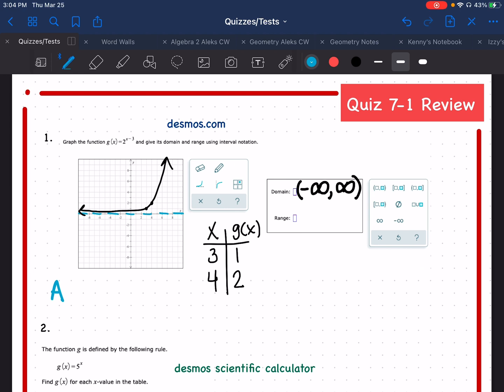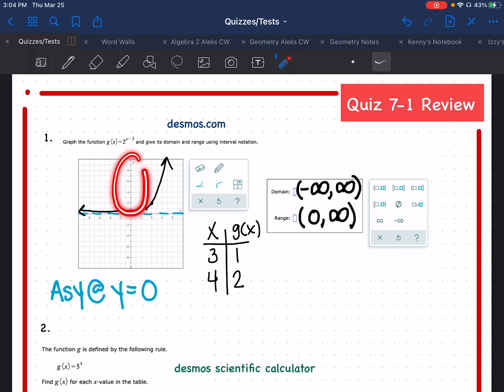So I'm going to go ahead and write that down here. Or sorry, at y equals 0. I don't know why I said 3. So my range is going to be from 0 to positive infinity because my graph is up in the positive y values, right? My graph is up here in my positive y values.